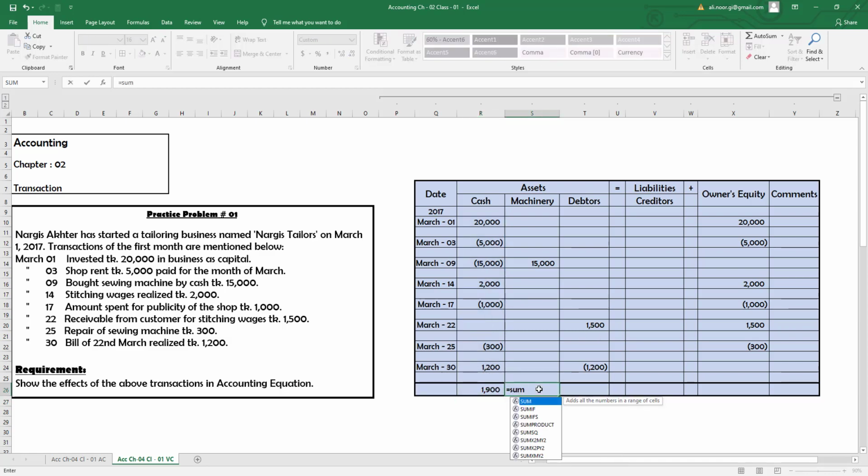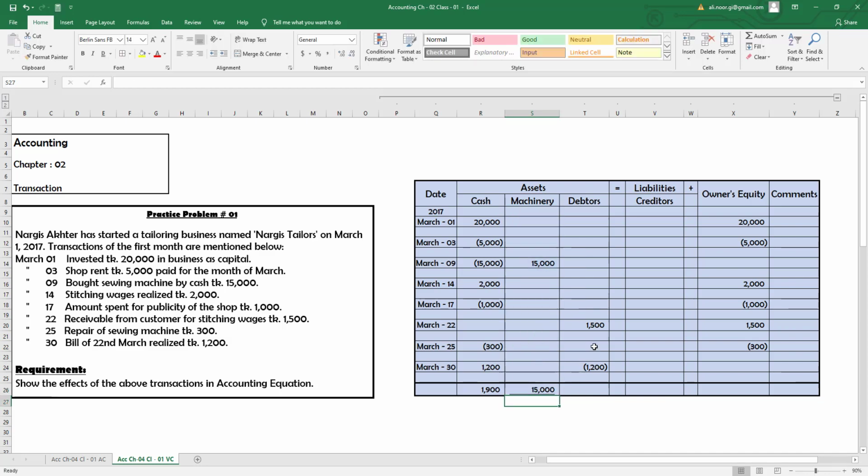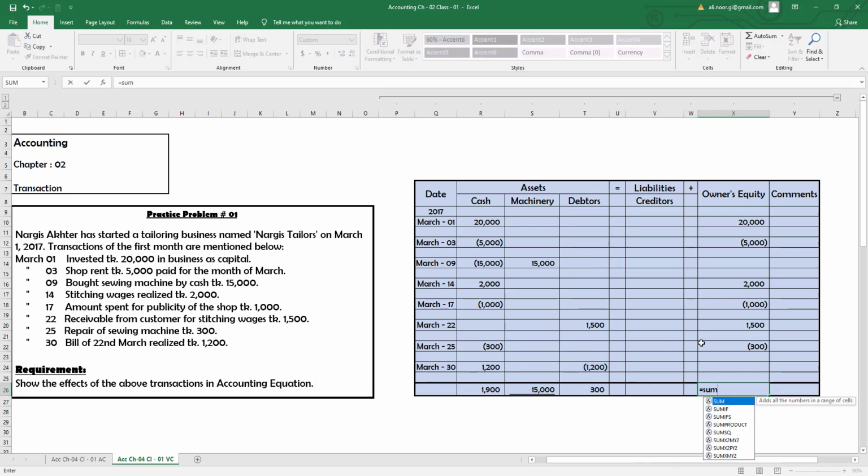This is the sum of the machinery account, this is 15,000, and this is the sum of debtors, 300. Okay, and finally this is the sum of owner's equity, and it is 17,200.